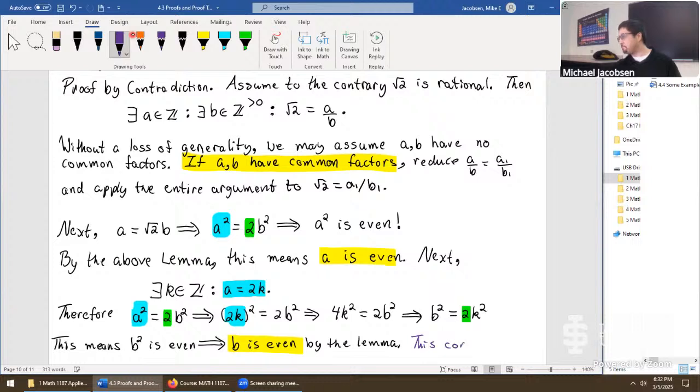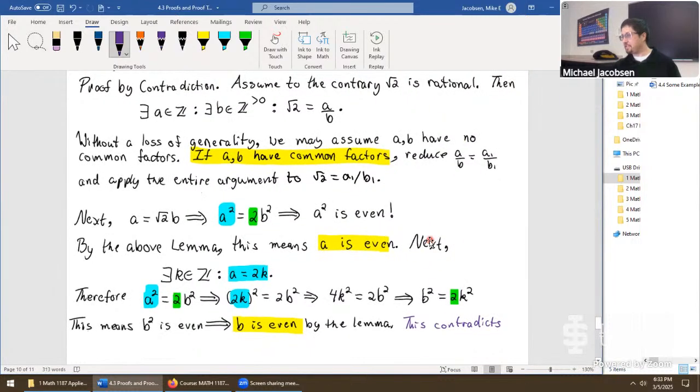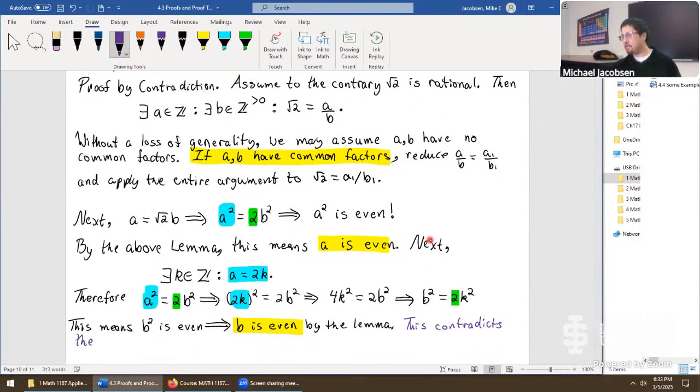This contradicts, let me zoom out just a touch, the assertion A, B have no common factors. Let's justify that a little bit further.